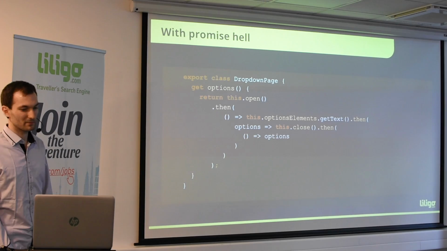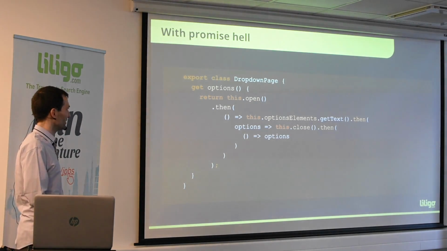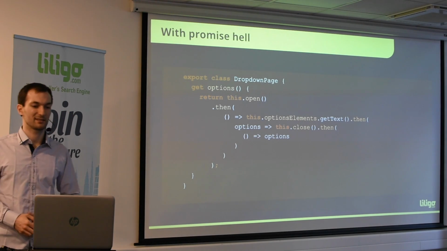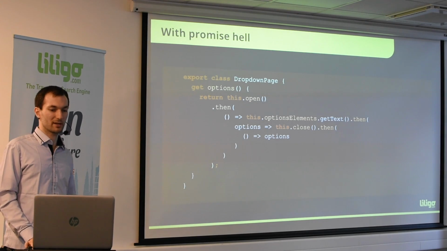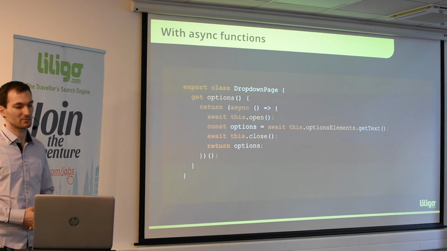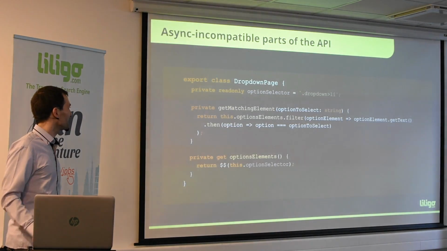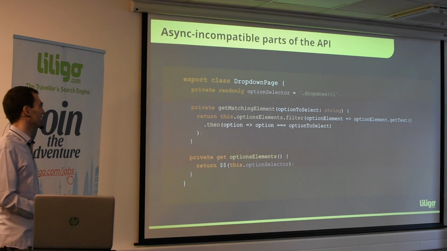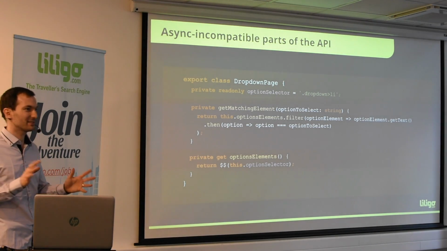Okay, so from code like this, which is rather common, this one is only getting the option text in drop-down elements, you can transfer to something like this, much more readable, I think. However, there are some parts in Protractor that can't be asyncified.